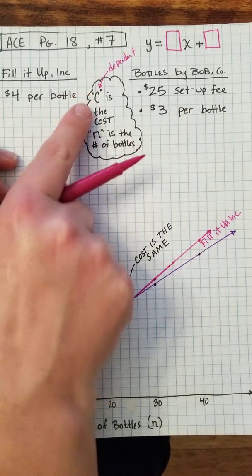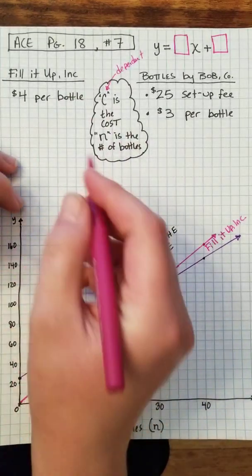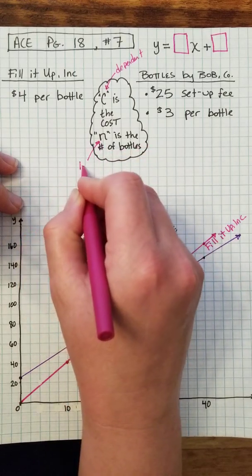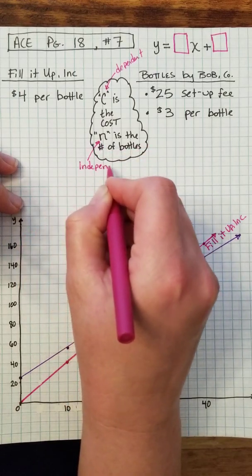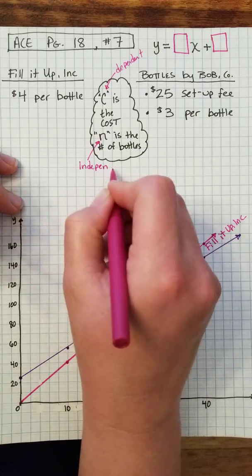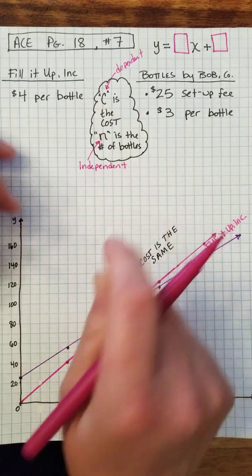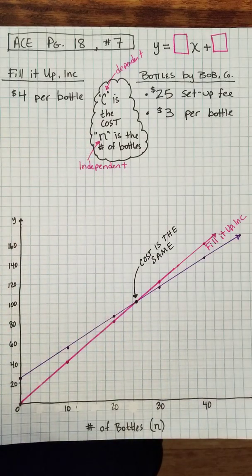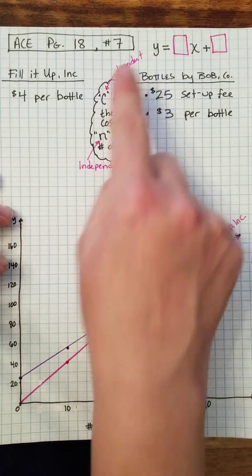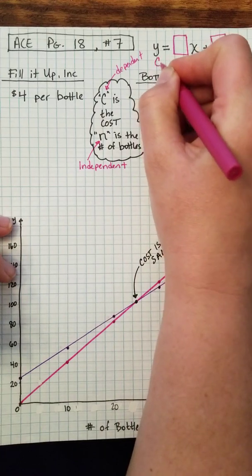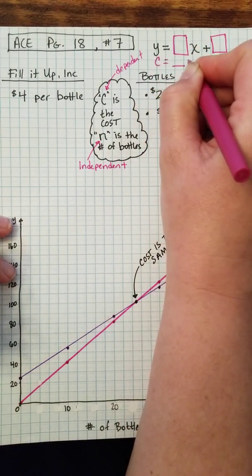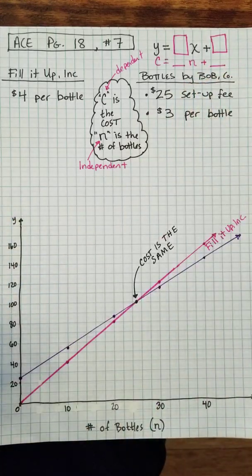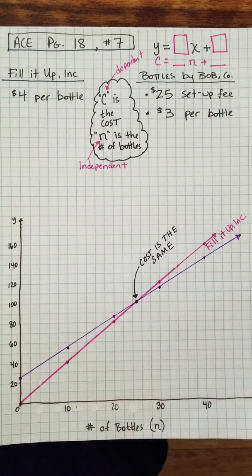That's how I know that C is dependent in this case, which means that N is going to be independent, and N is my number of bottles that I'm buying. So C is the cost, N is the number of bottles. So my equation would essentially look like C is equal to some value times the number of bottles plus some sort of initial fee or initial starting point.